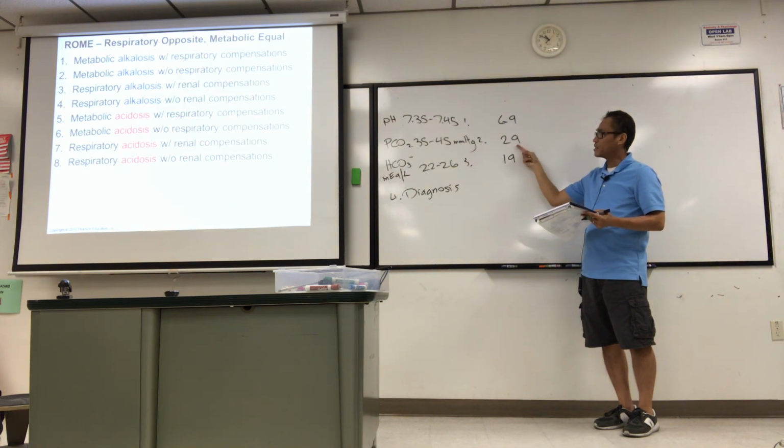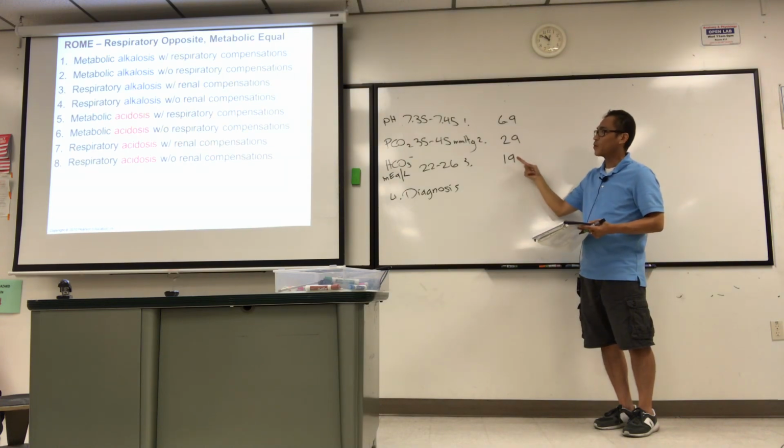Look at that. Is this number within the normal range? It's low. Now, is that the cause? Low, low. What did we say about respiratory? This is not opposite. So all we say at this point is, it's outside the normal range, but it's not the cause.